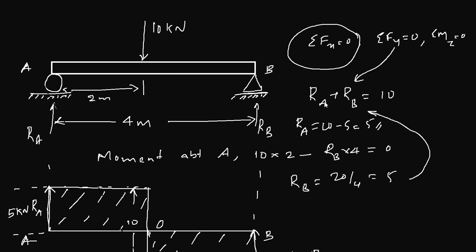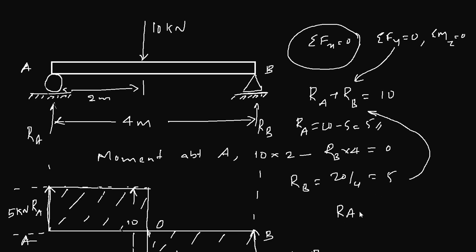We calculated the reactions at A and B using the equilibrium conditions. The total reaction would be equivalent to the applied force, and you take moment about the point A or B, and we have calculated the reaction at A and B as 5 kilonewton.